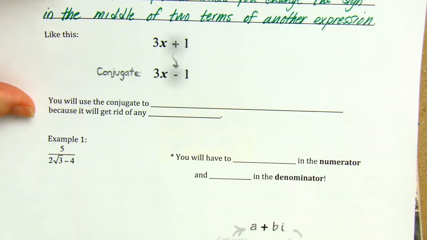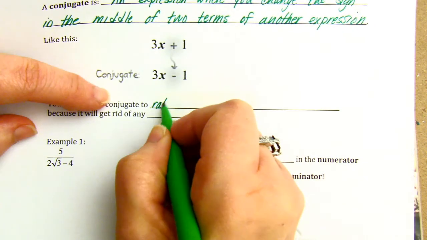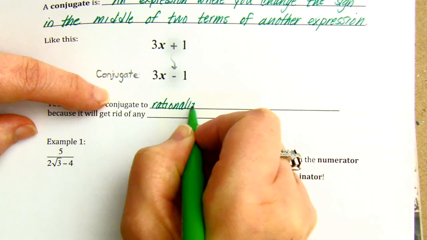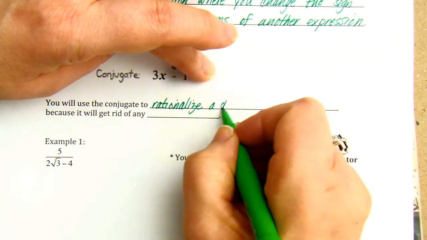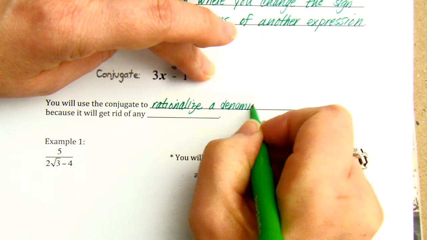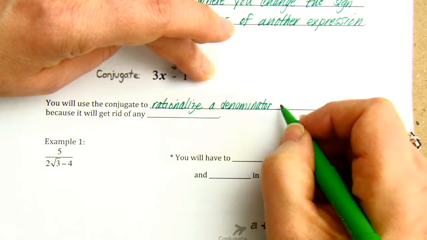You will use the conjugate to rationalize a denominator with a radical binomial.